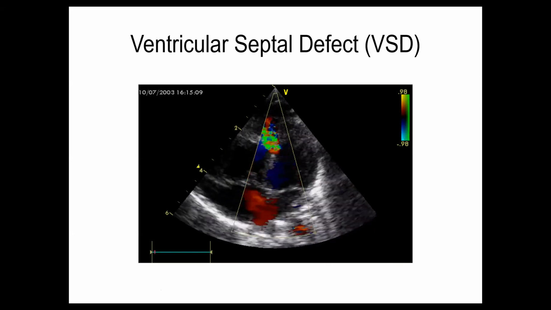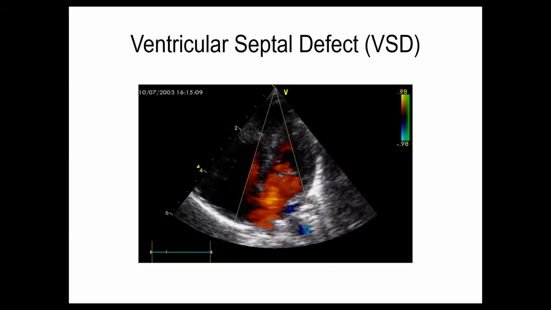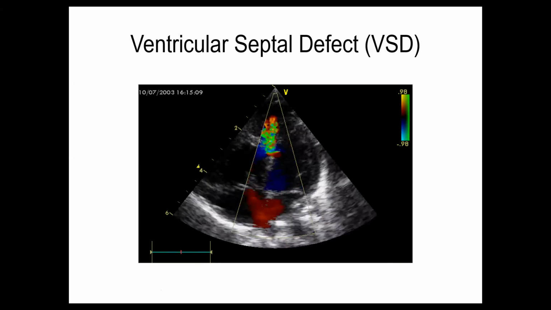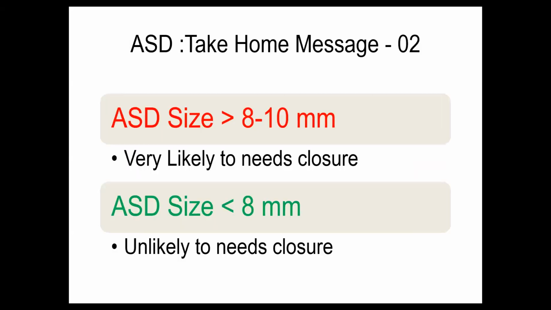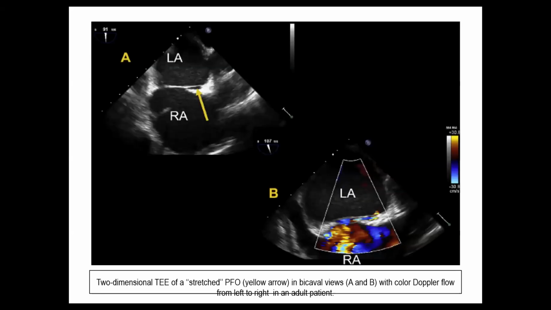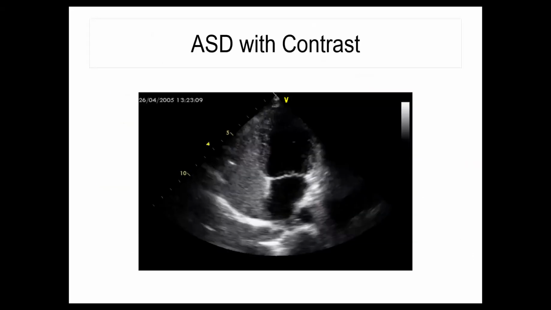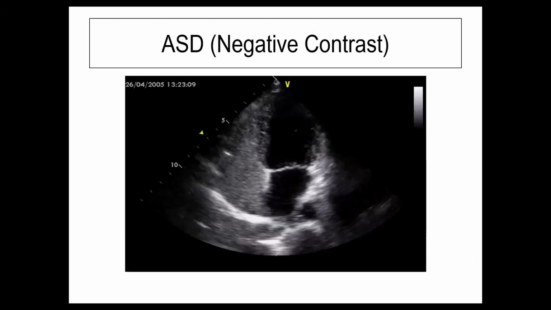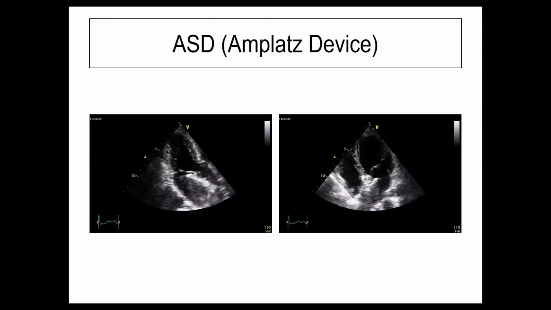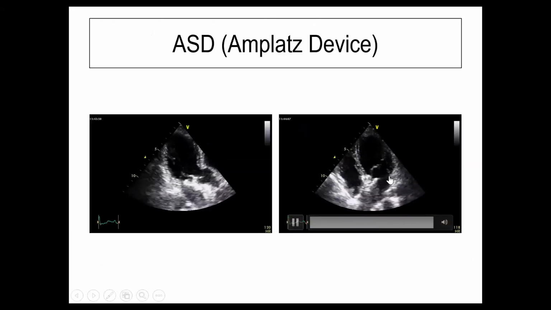Thank you, sir. Okay, right. So what will be the implications of an oversized device if they put it in ASD? Like you showed that an oversized device was placed. The only implication is that it starts projecting towards the mitral valve. That's all. It's not causing any trouble over here, but it looks like it's projecting into the mitral valve. Okay, sir.